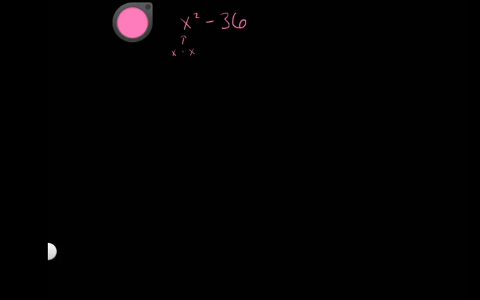What two numbers would give us 36? What is the square root of 36? Square root of 36 is 6, because 6 times 6 is 36.